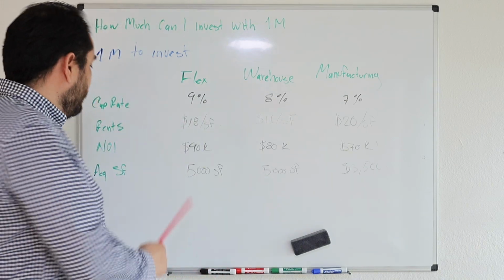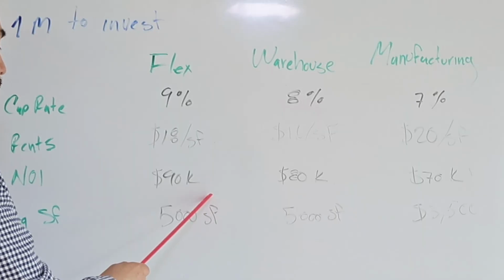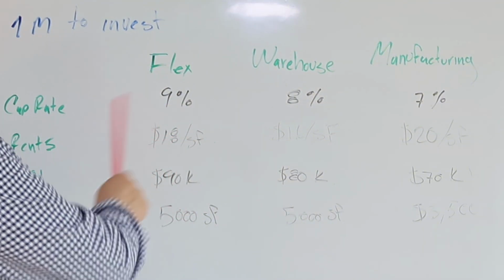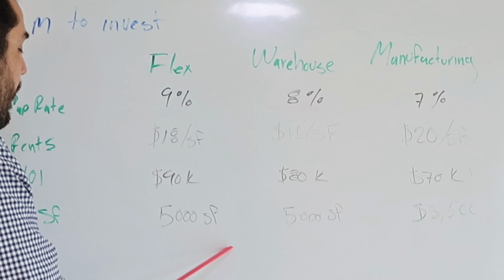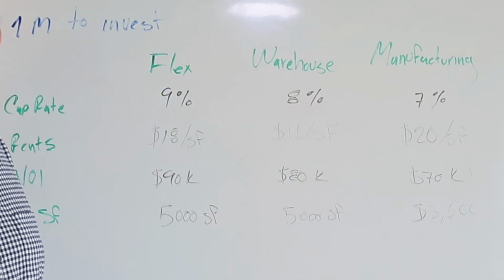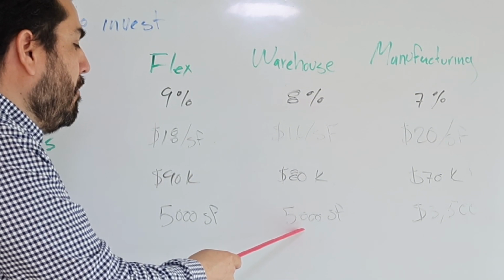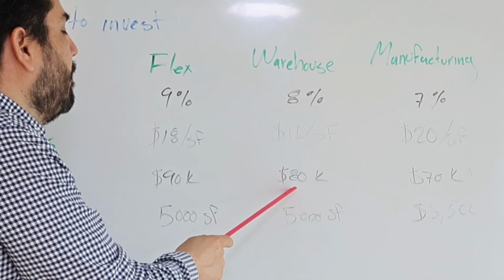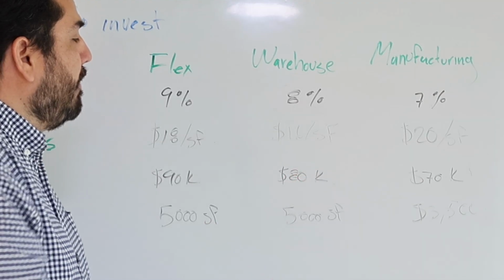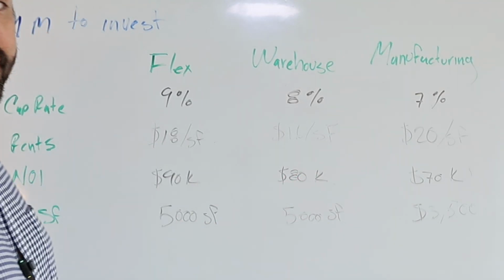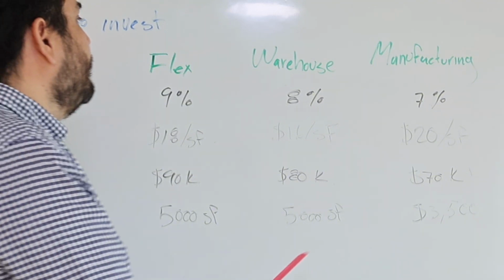So how much space can we purchase with $1 million? We have to divide the net operating income by the rent per square foot, and we get 5,000 square feet on the flex space we can buy with $1 million. Same thing on the warehouse, we divide 80,000 by $16 per square foot, and we can buy the same 5,000 square feet.